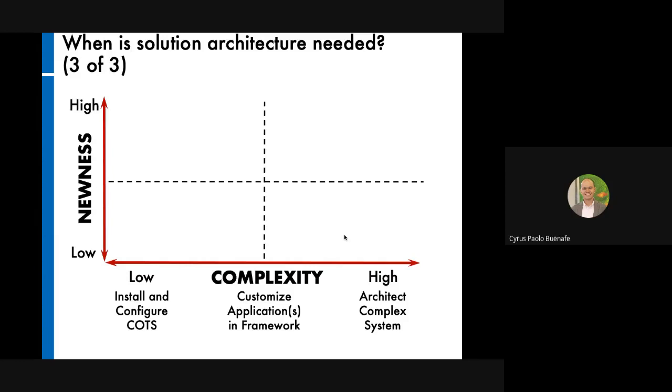Is the scope complex, and is it something that's new, at least new to the client? If the complexity is low and it's not new, meaning there's some reference, somebody or some other client who's done it before and has done it successfully, then you probably don't need a solution architecture.